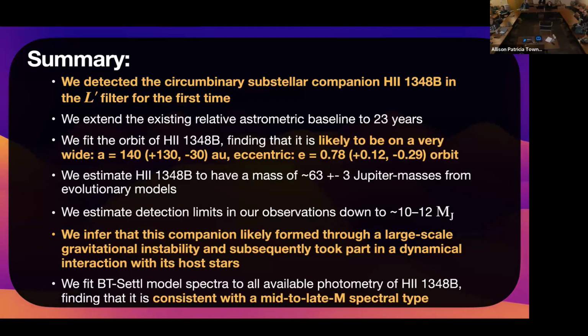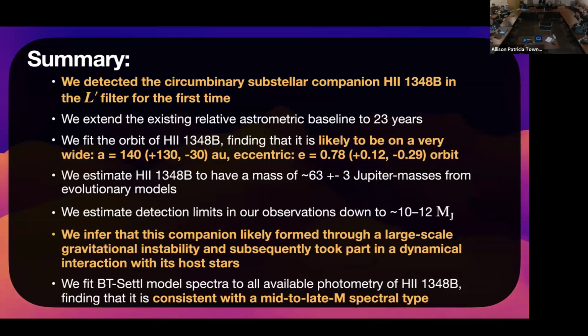So as a summary, we've detected this brown dwarf companion in the mid-infrared L prime band for the first time, extending the relative astrometric baseline to 23 years. And fitting the first model to its orbit, we find this likely very wide, very eccentric orbit. We estimate its mass from the mid-infrared photometry and find that it's at the upper range of the brown dwarf mass scale.